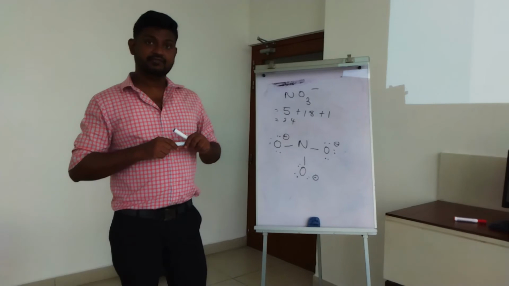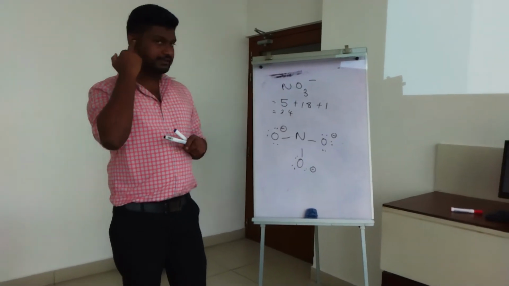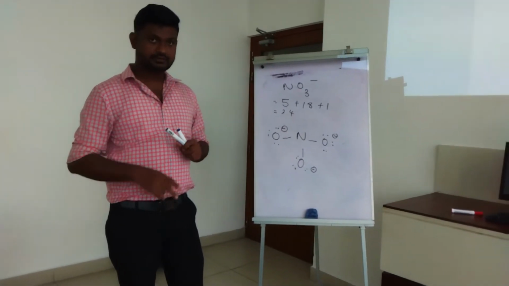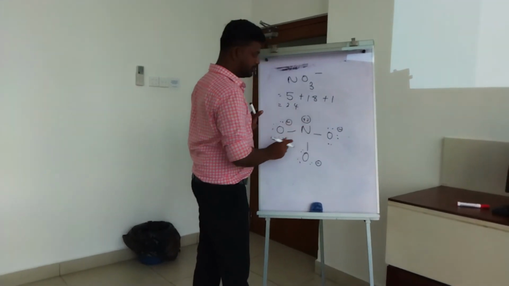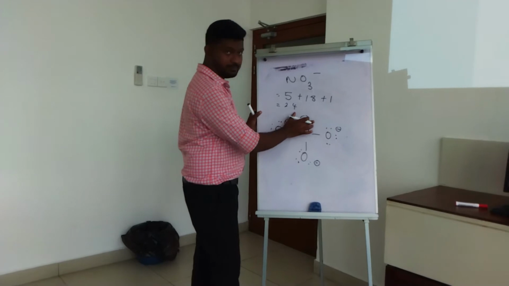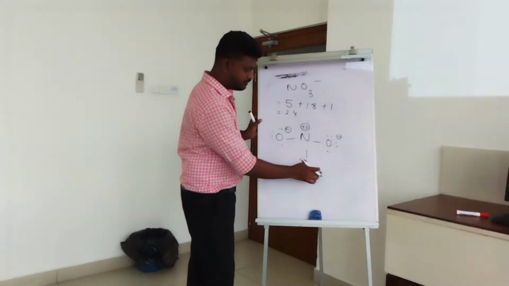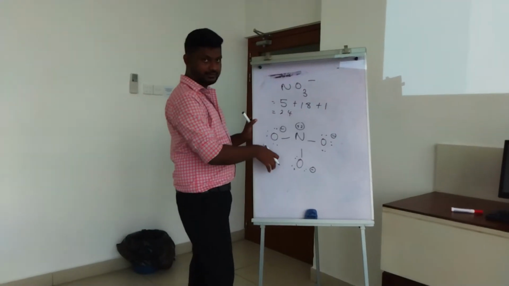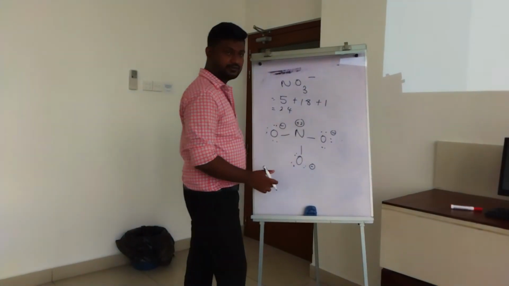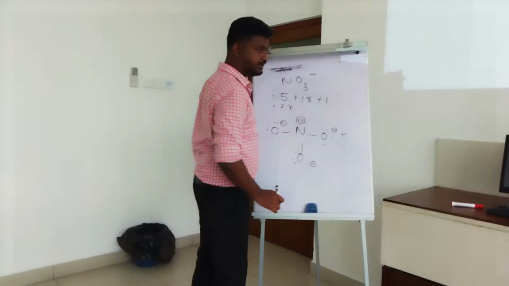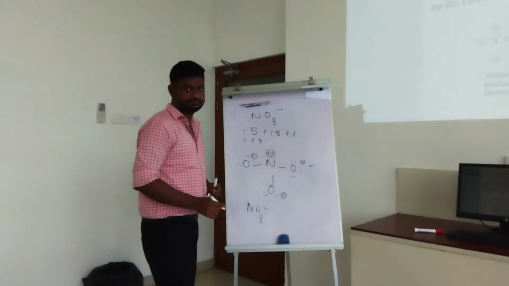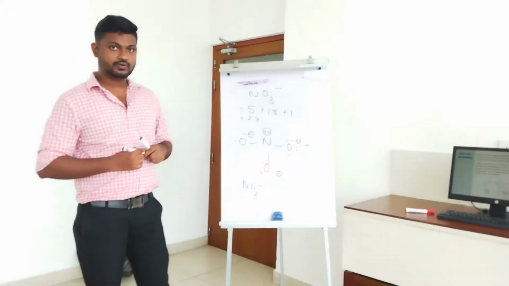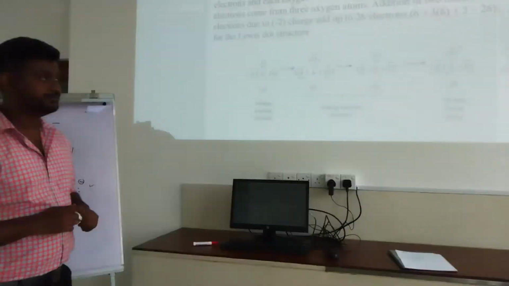So what happened? 2 electrons are lost, so that means plus 2. Now 1 negative, 1 plus cancel. 1 negative, 1 plus cancel. So the remaining is 1 minus. So that means NO3 minus. Hope you understood. You got it?